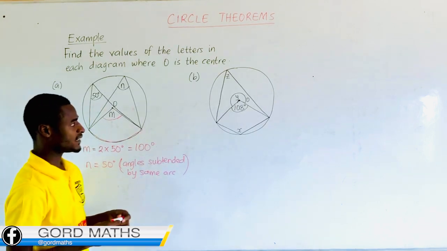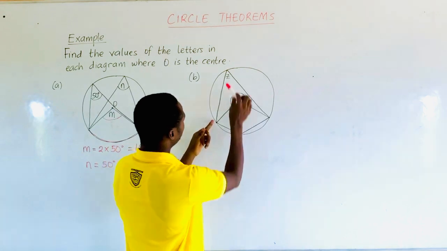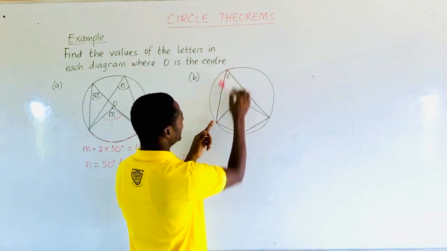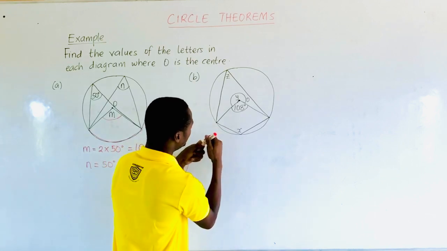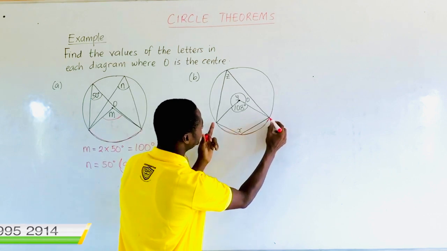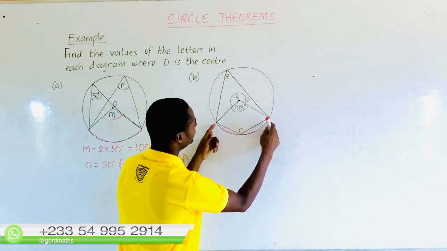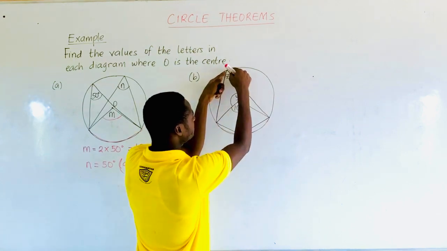Let's go to the second example. There is a cyclic quadrilateral in this circle. Now, you also have an arc that is subtending an angle at the center of the circle and another angle at the circumference of the circle.